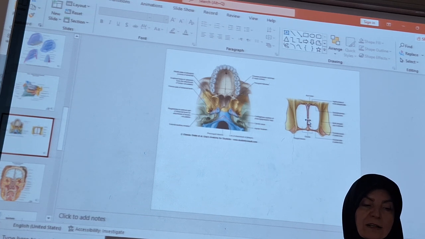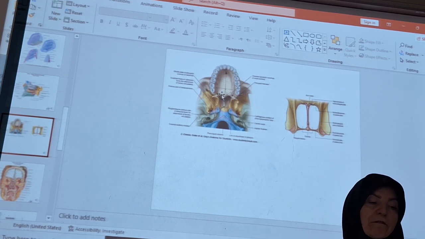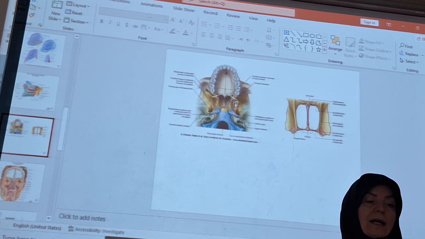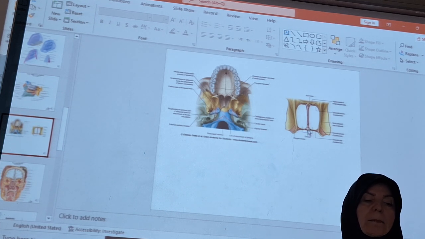The medial surface of the choana is going to be formed by the vomer. The inferior, look at here, I told you, is going to be formed by the palatine. The medial is going to be formed by the vomer.